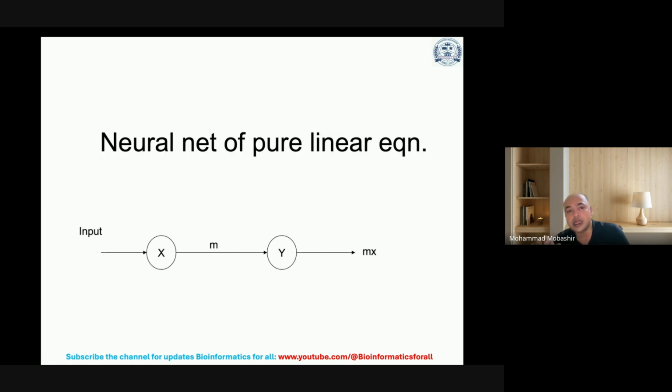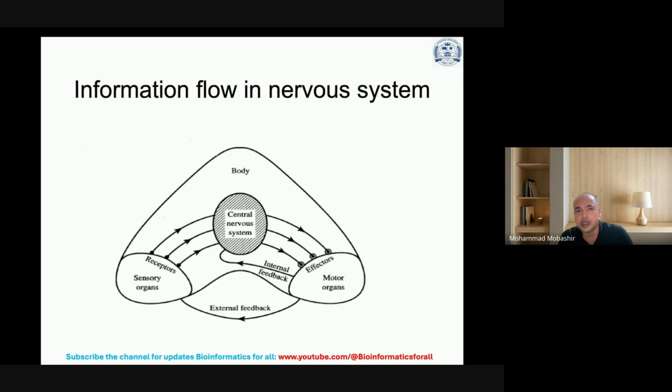Now, the neural network could also be a pure linear equation, which could be seen here, input, then m, then mx. So m into x, and then m multiplied by x here. Now, information could flow in the nervous system in different ways. If someone is more of a biologist, they can understand more easily how the information flows in the nervous system of a human brain.